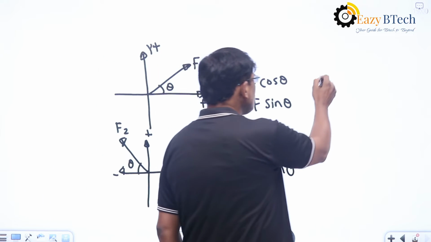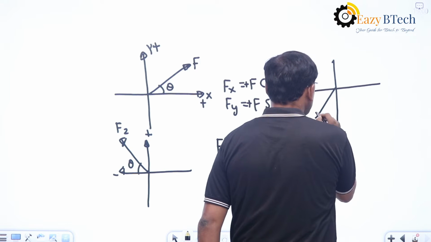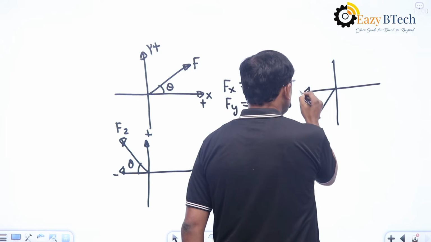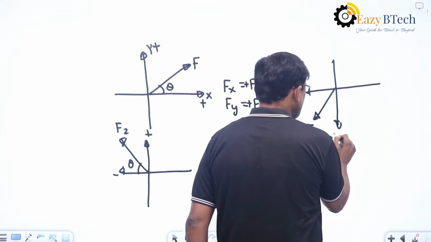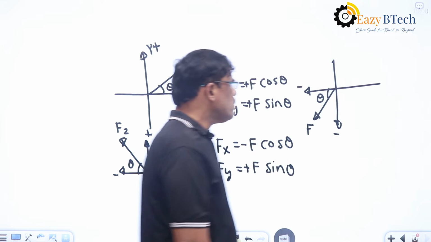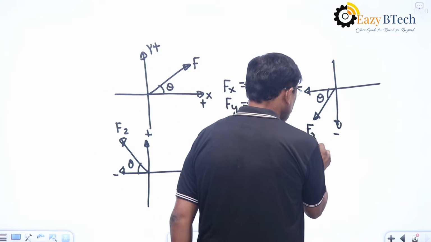And the third case here, if a force is acting in this third quadrant, where x is minus and y is also minus, and it is making an angle theta with the x-axis. Let us say this force is F3.